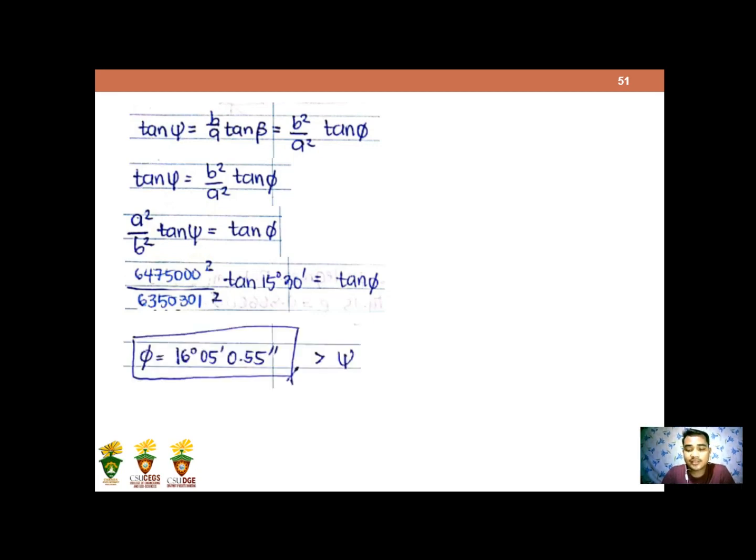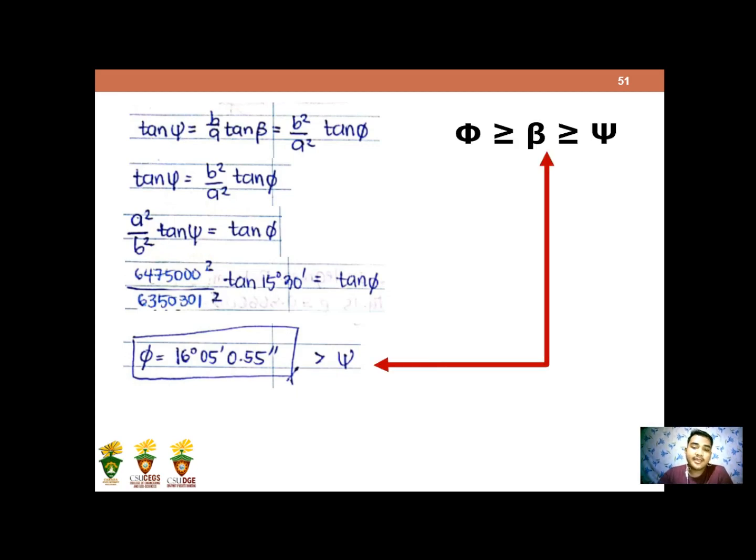Calculating with your calculator, geodetic latitude is 16 degrees, 5 minutes, and 0.55 seconds. It shows that geodetic is greater than geocentric latitude. Let's check. Indeed geodetic latitude is greater than geocentric. Therefore, our answer checks.